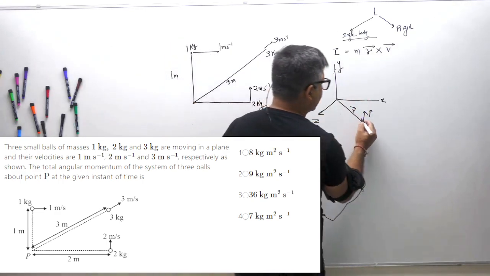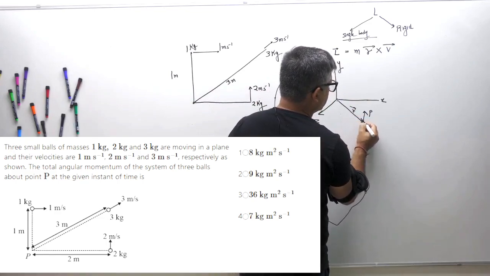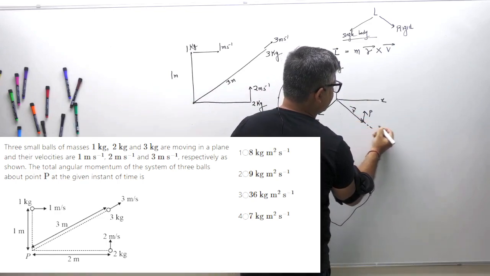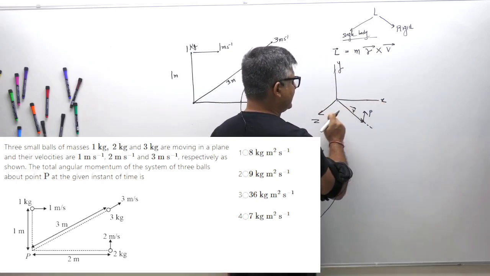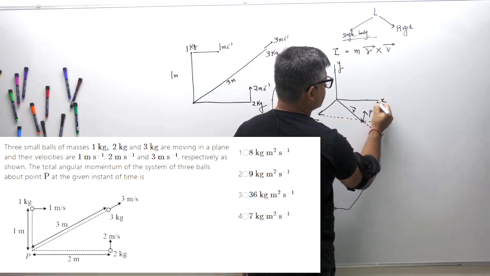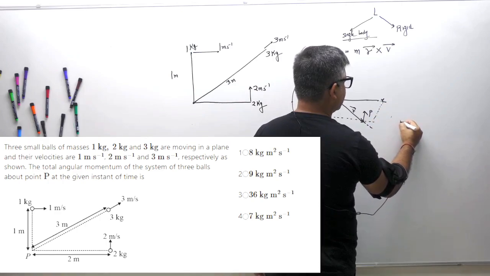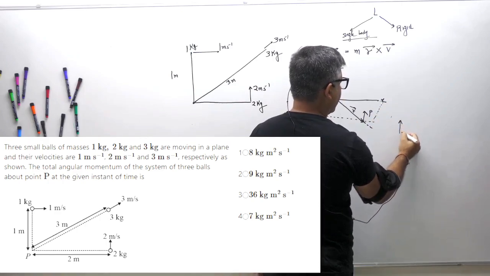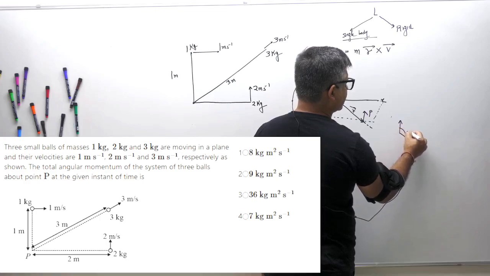Now what I do is I extend the line r. So r is extended, so it looks like this. So in the xz plane, which is here, you have a body having a linear momentum and an r. The angle between them is theta.